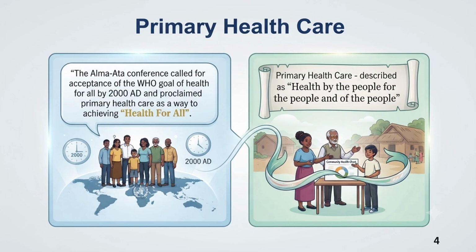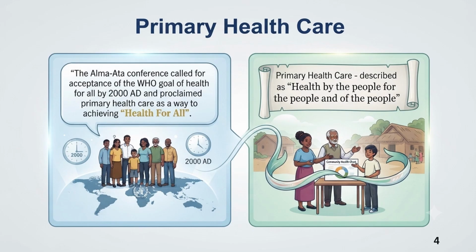In the next year, 1978, the WHO thought about how to achieve Health for All by 2000. The WHO, in collaboration with UNICEF and other organizations, called representatives from all over the world, from each country, and held a conference known as the Alma Ata conference.